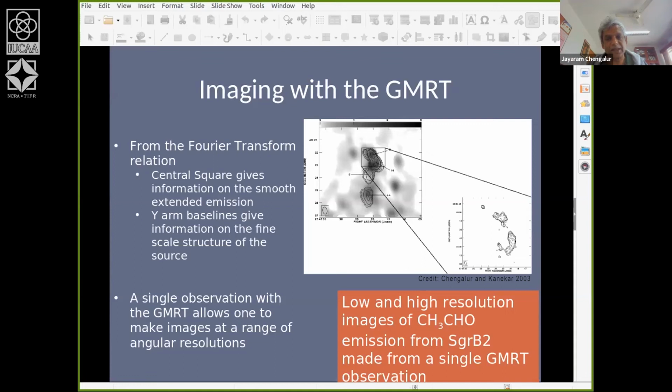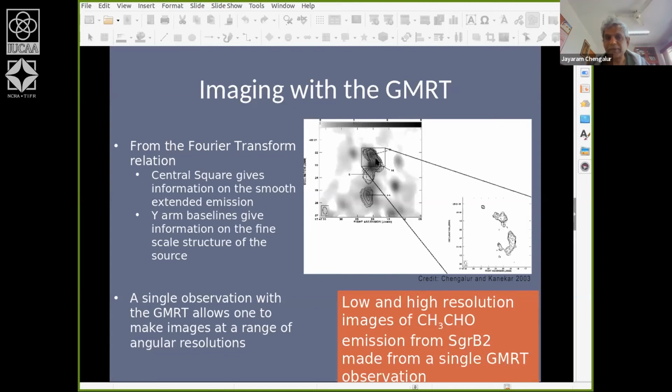I miss it. If I were to look only at the lower picture, I think the acetaldehyde molecules in this cloud are basically only in this arc. But if I take a look with the central square antennas, I realize that's not true.